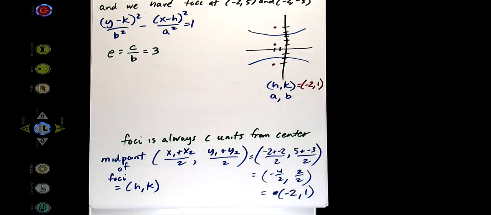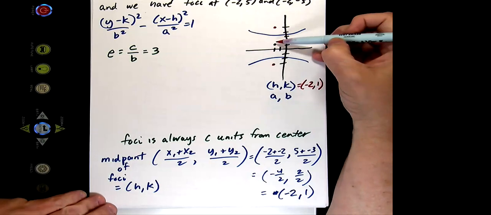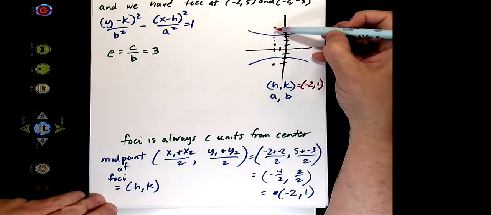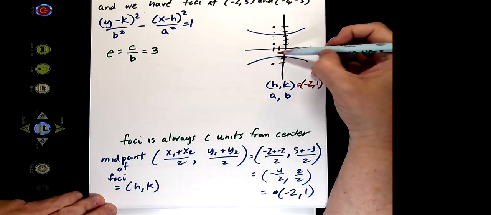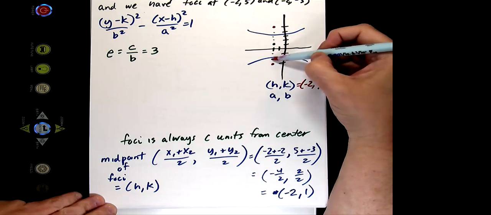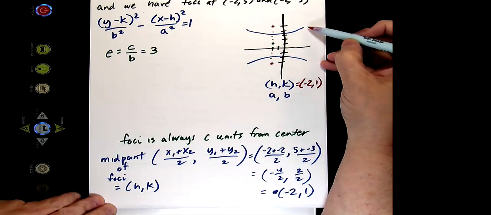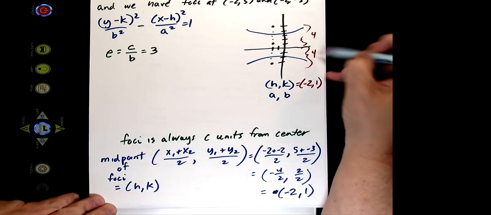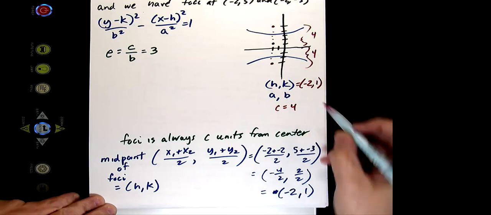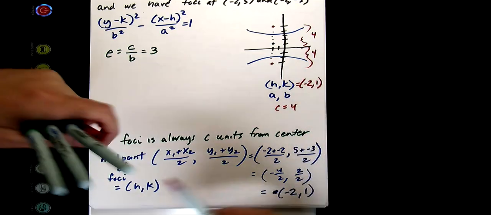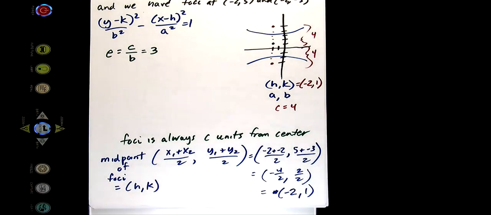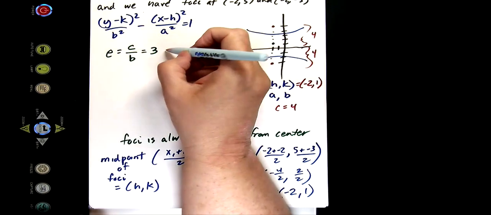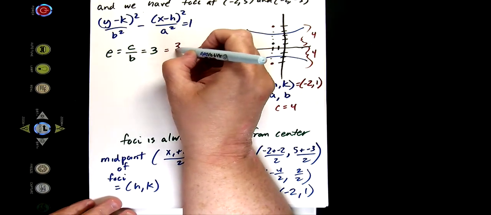So let's just count them. One, two, three, four. If I go downward, one, two, three, four. In both cases, that distance is 4. So C equals 4, which means I can put that into my eccentricity equation.